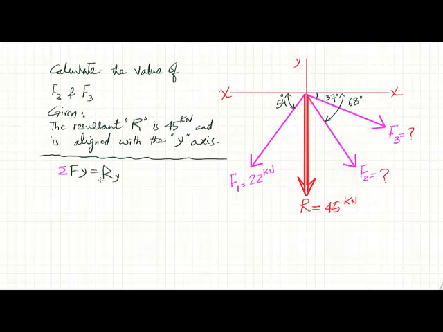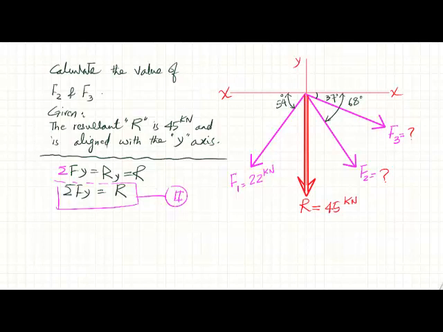We know from the look of the question that the resultant itself is lying in the y direction, so this is equal to R itself. So the sum of all forces in y direction is equal to R. That is the second conclusion to be able to start to work on this problem.